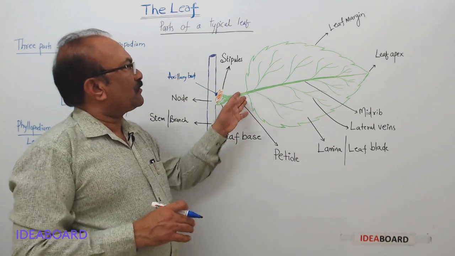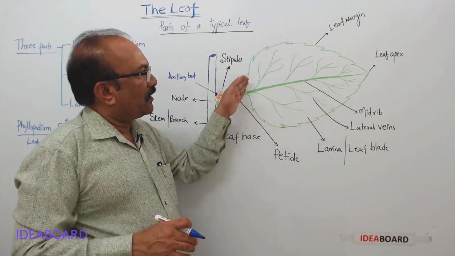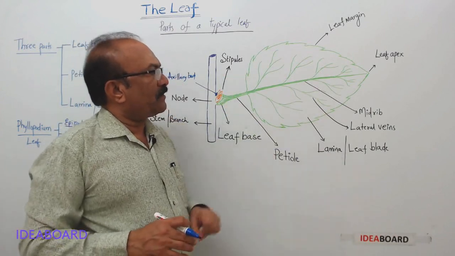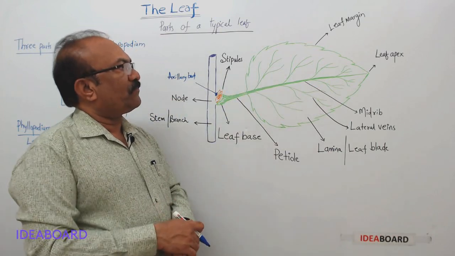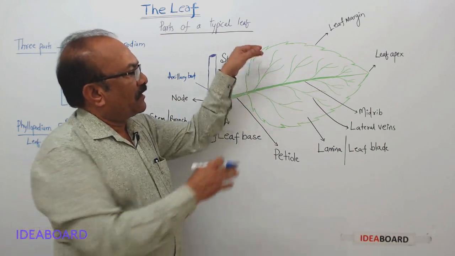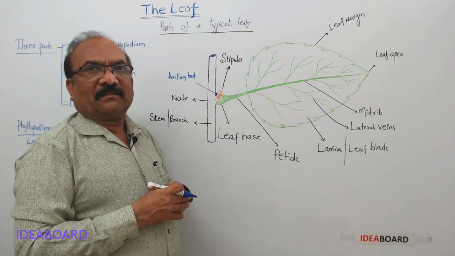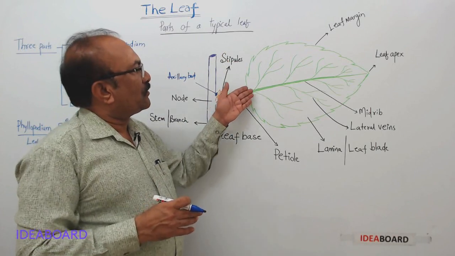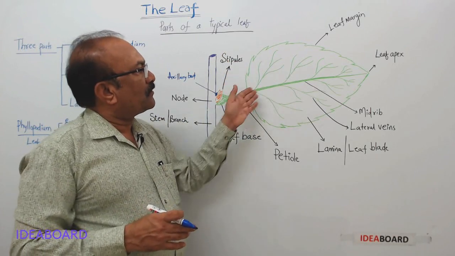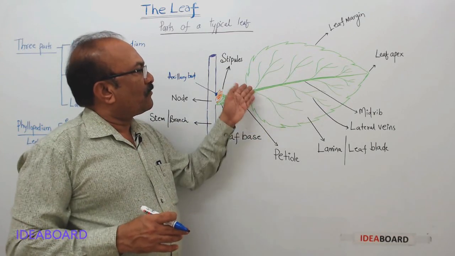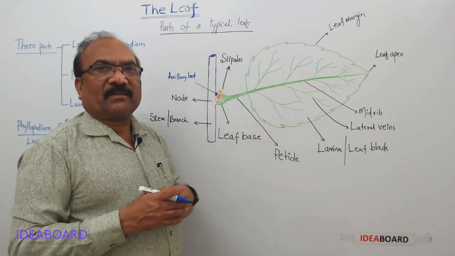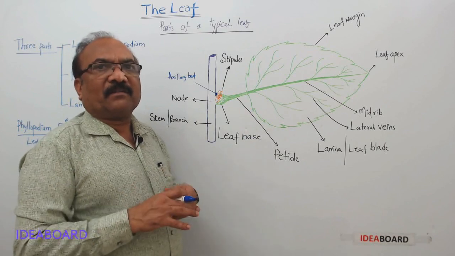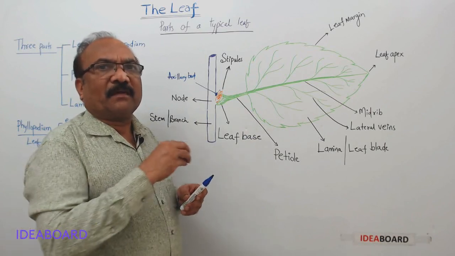And the next one is the lamina or leaf blade, which is the terminal part of the leaf, and which is an expanded one. And it is showing some lines here, and what are these? Veins and veinlets. And what we call this arrangement of veins and veinlets in the lamina?